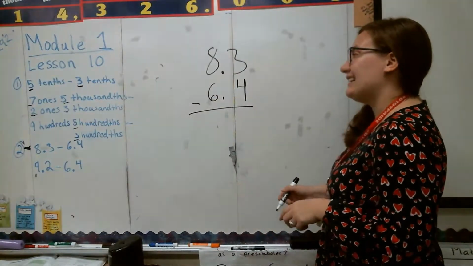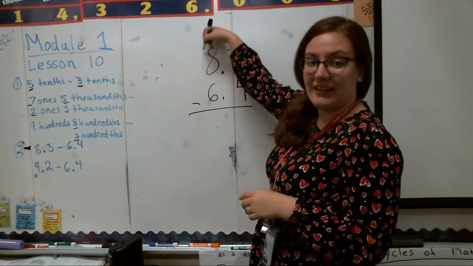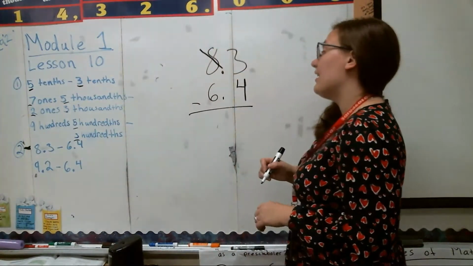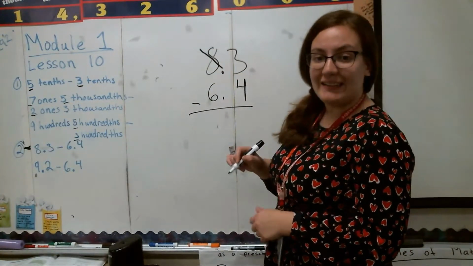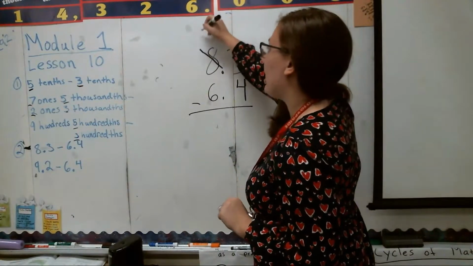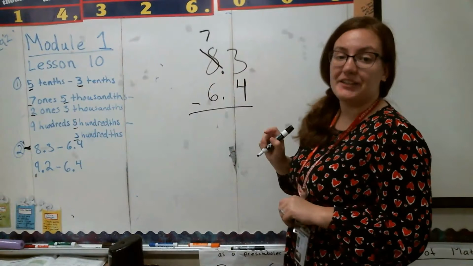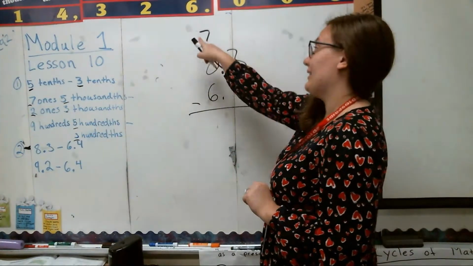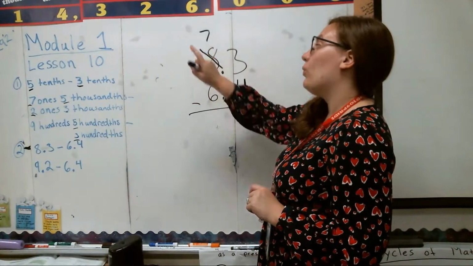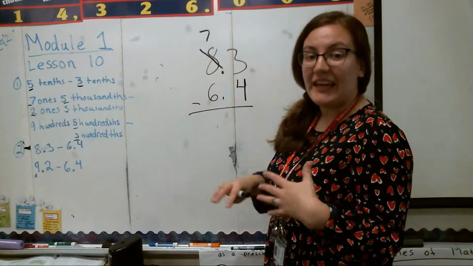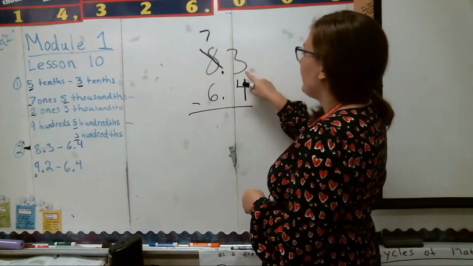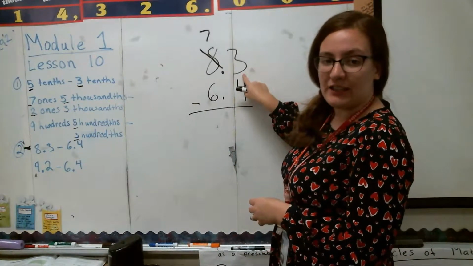So what I need to do is borrow from the next place value. To do that, I cross out the 8 ones, and since I'm borrowing 1, this 8 will become a 7. It's kind of like I do 8 minus 1, and it becomes 7. Then, since I borrowed 1 whole, that 1 whole becomes 10 tenths. So it's kind of like I'm adding it to this 3 right now.